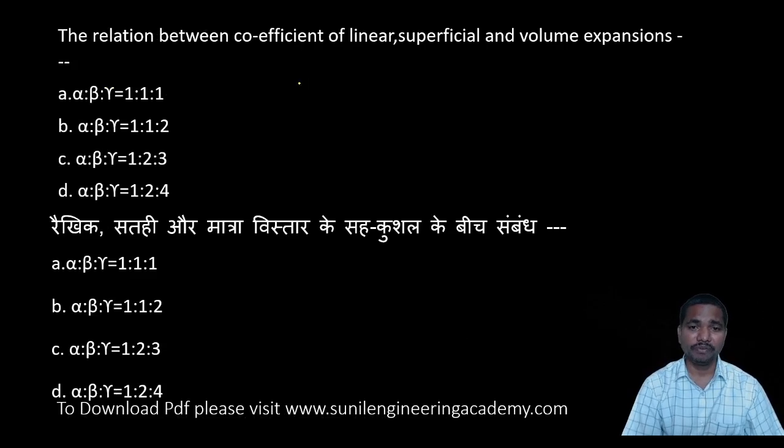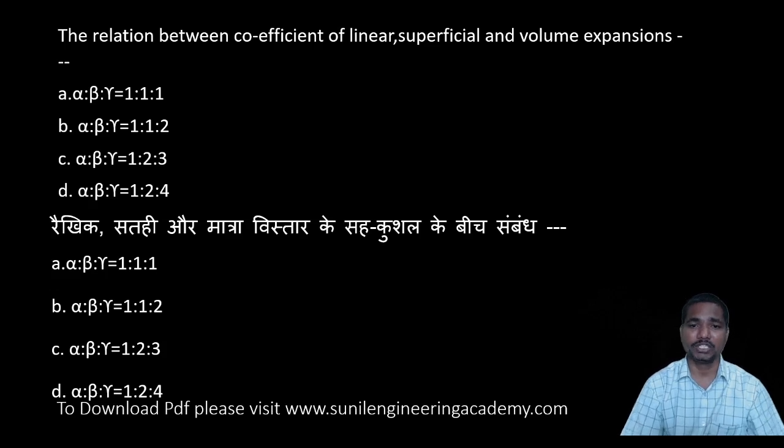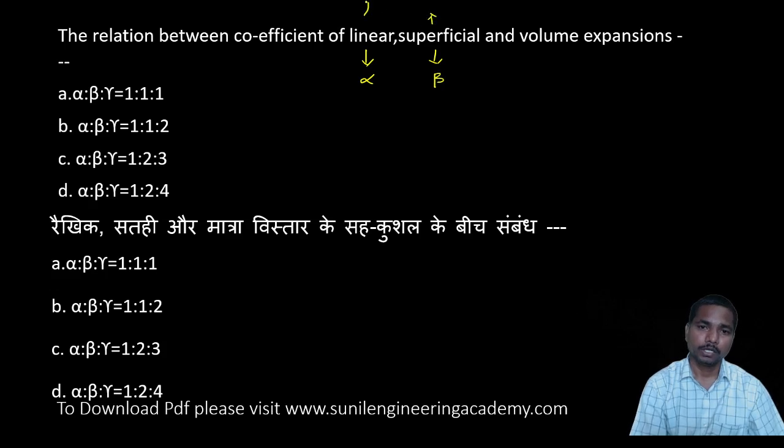The relationship between the coefficients of linear, superficial and volume expansion. In linear expansion, only the dimension length increases. In superficial expansion, it is area, that means both length and breadth.